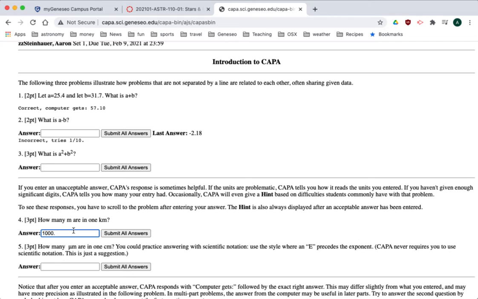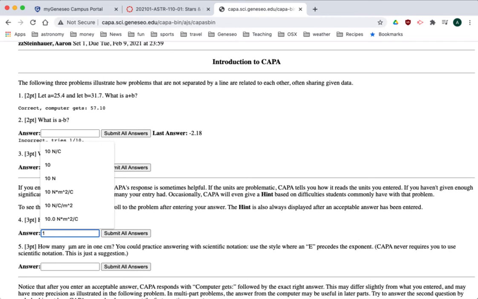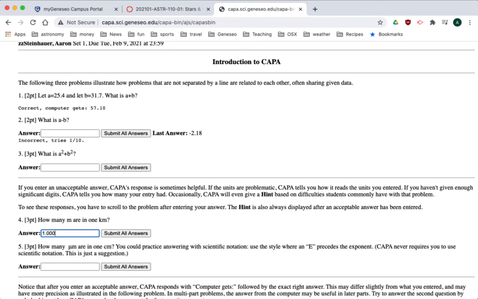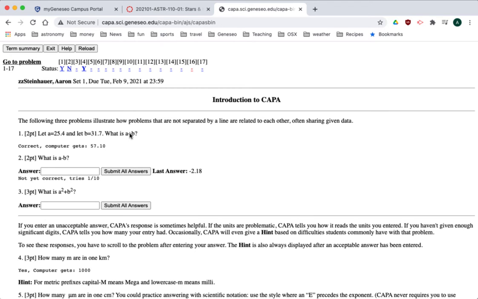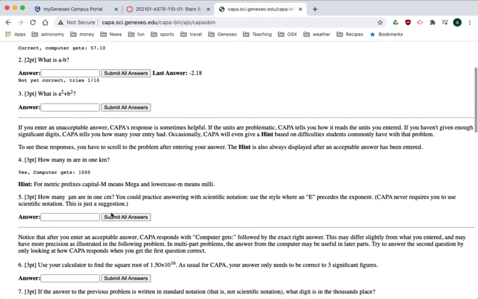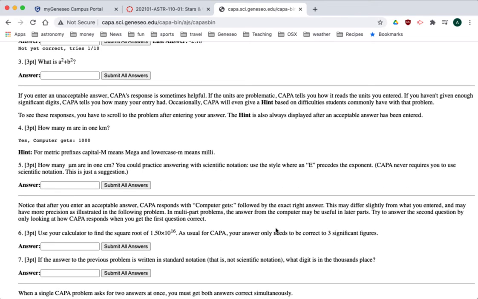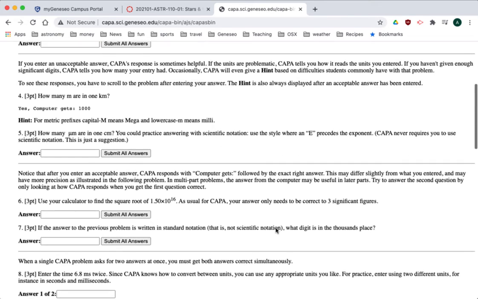Or I can put in 1.00E3. And that should be right. That is in fact right. So E can give you large numbers, and it can also give you small numbers if you use a negative exponent. So you can experiment with that as well. Square root of some large number.